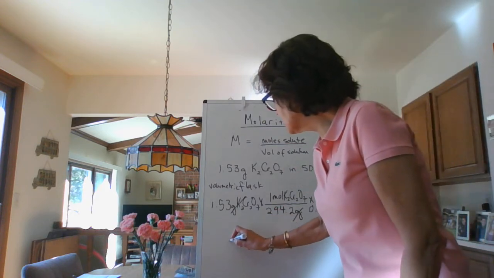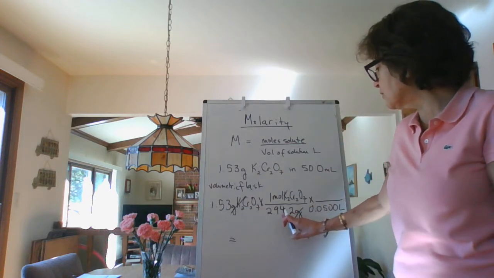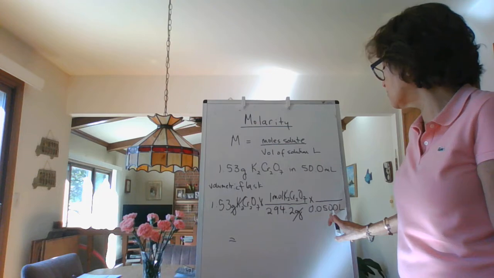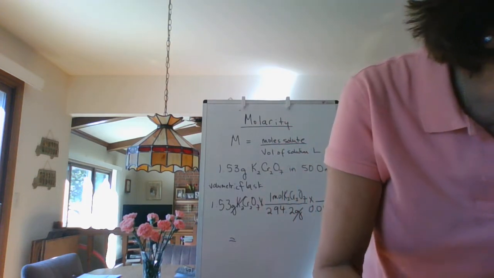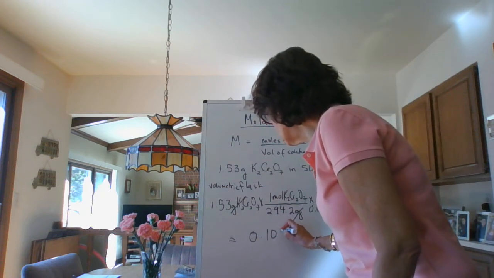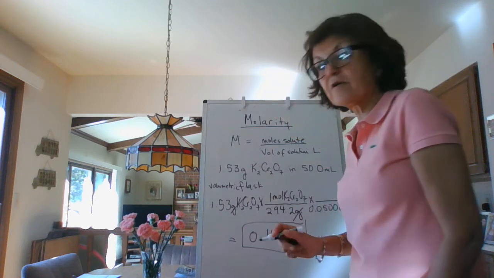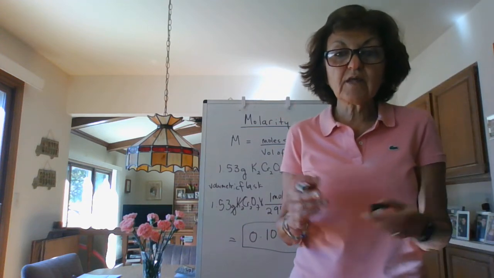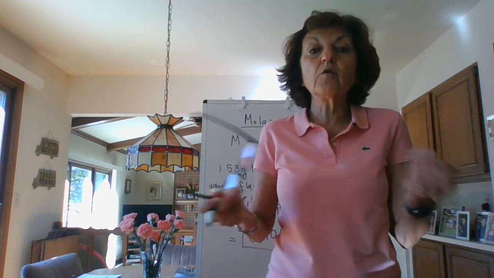You plug it into your calculator. 1.53 divided by 294.2 divided by 0.0500, and you get 0.104 molar to 3 sig figs. Okay? So that's a really simple, straightforward question on how to find molarity.